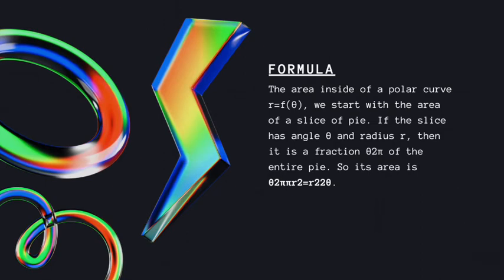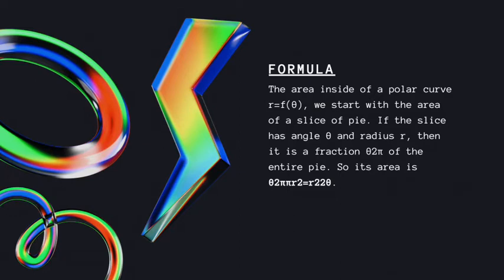The formula of a polar area: the area inside of a polar curve r equals f of theta. We start with the area of a slice of pie.